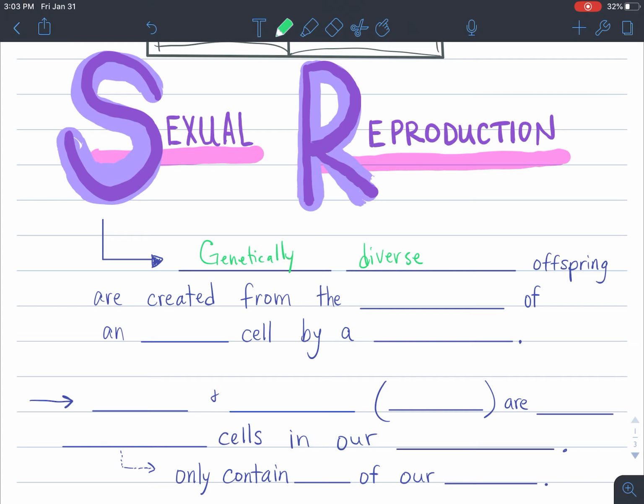They're similar but different. So we have genetically diverse offspring, which are created from the fertilization of an egg cell by a sperm cell.